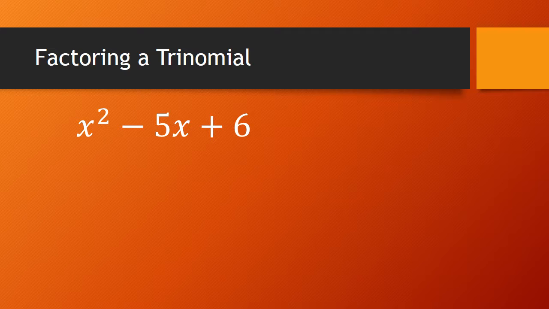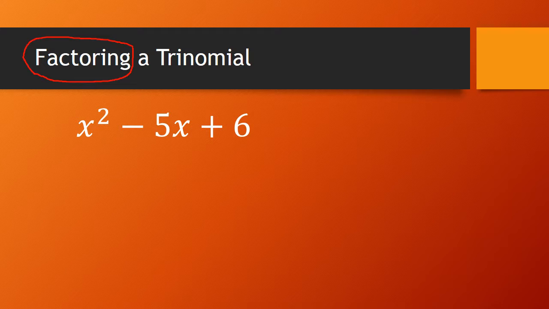So now let's take a look at this example. We have x squared minus 5x plus 6. And we need to change this standard form into the factored form. And to be able to do that, we have to use factoring, because factoring is the inverse or the opposite of double distribution.